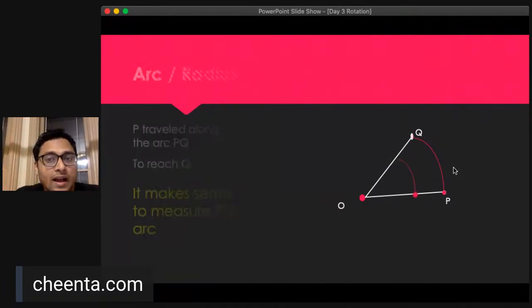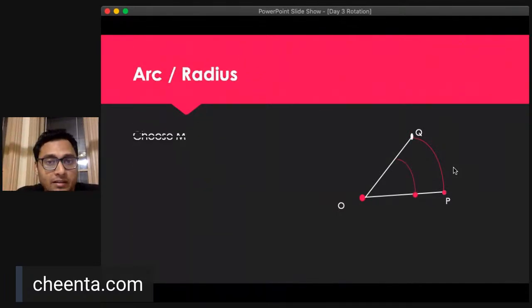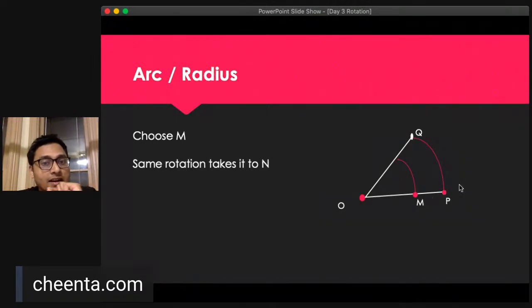Let's see why. If you take another point M on OP, and do the same rotation, it will reach the point N. The point M reaches the point N, but this time, this is how it goes through the arc.